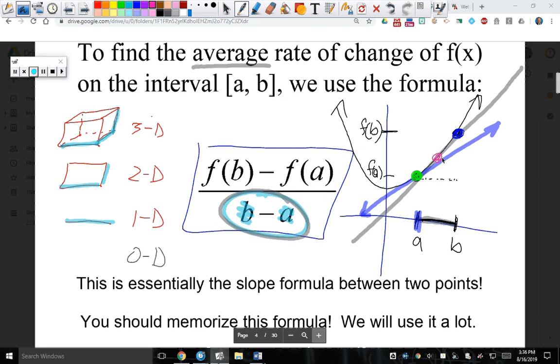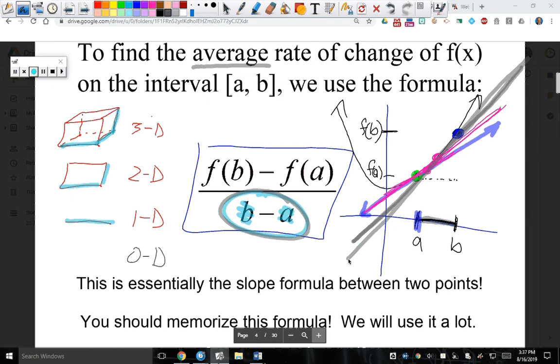If I chose this point, then the secant, otherwise the average rate of change, would look like that. Notice the steepness of this. If I get closer and pick a point here, it would look like this. Go with me? This slope that started as a gray slope will become less steep, less steep, less steep, and will approach the blue slope.